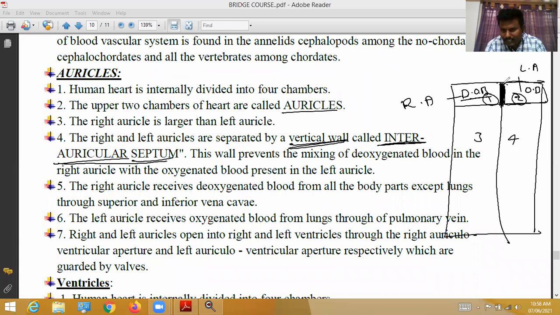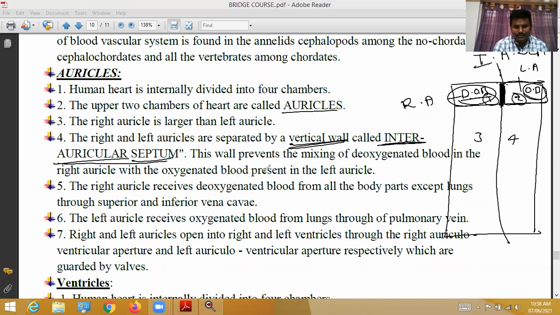In between these two, one wall is there, called the interauricular septum. Inter means middle. That wall is present between the auricles, and the wall name is septum. So this interauricular septum prevents the mixing of deoxygenated blood with the oxygenated blood.